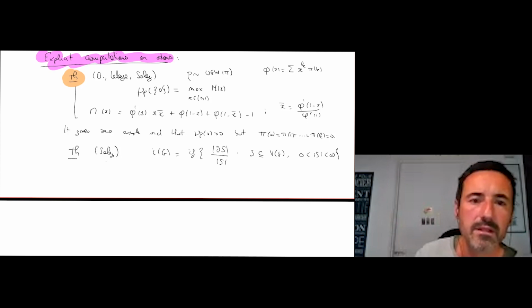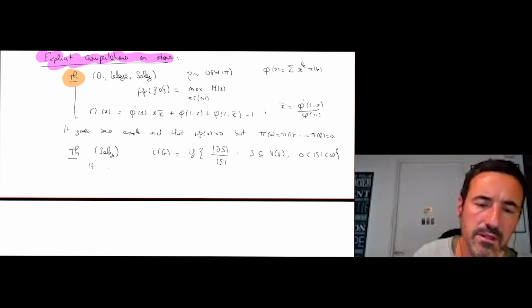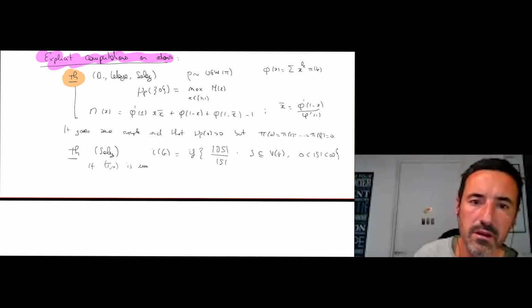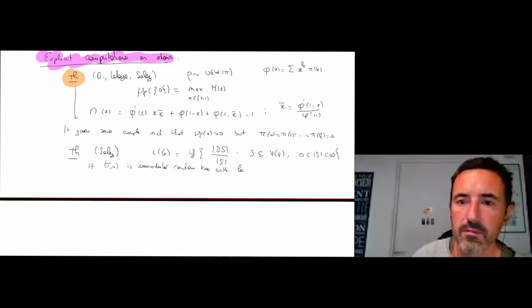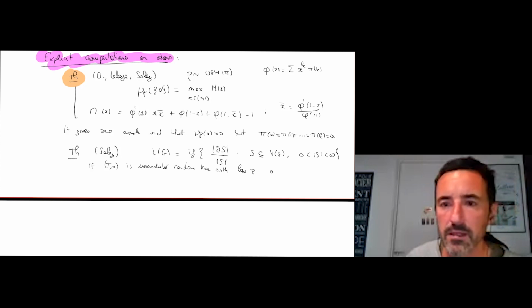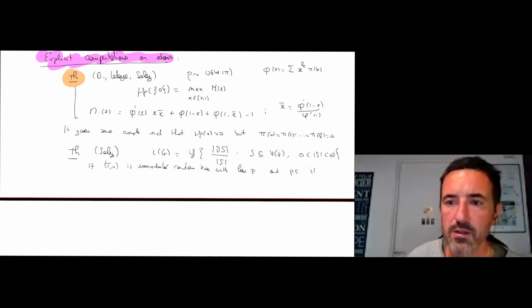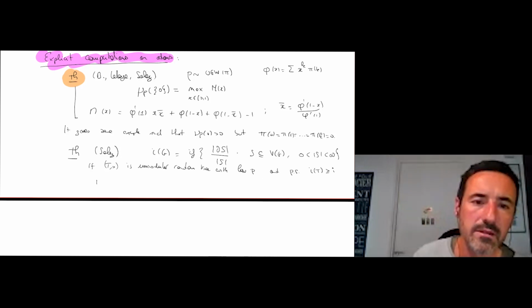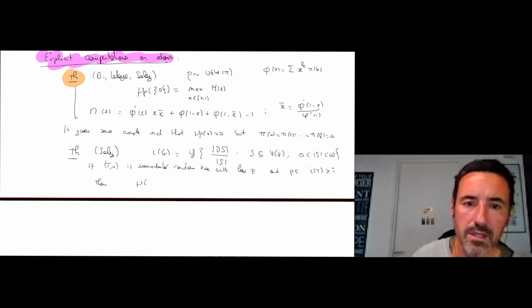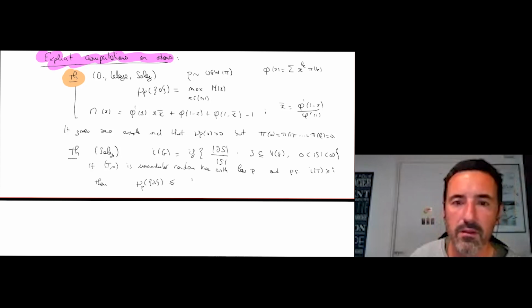So the theorem of Salez is that if T is a unimodular random tree with law rho, and rho almost surely the isoperimetric constant is bounded below by some number I, where I is deterministic, then the spectral measure mass that you put at an atom lambda is bounded by 1 over tau of lambda.